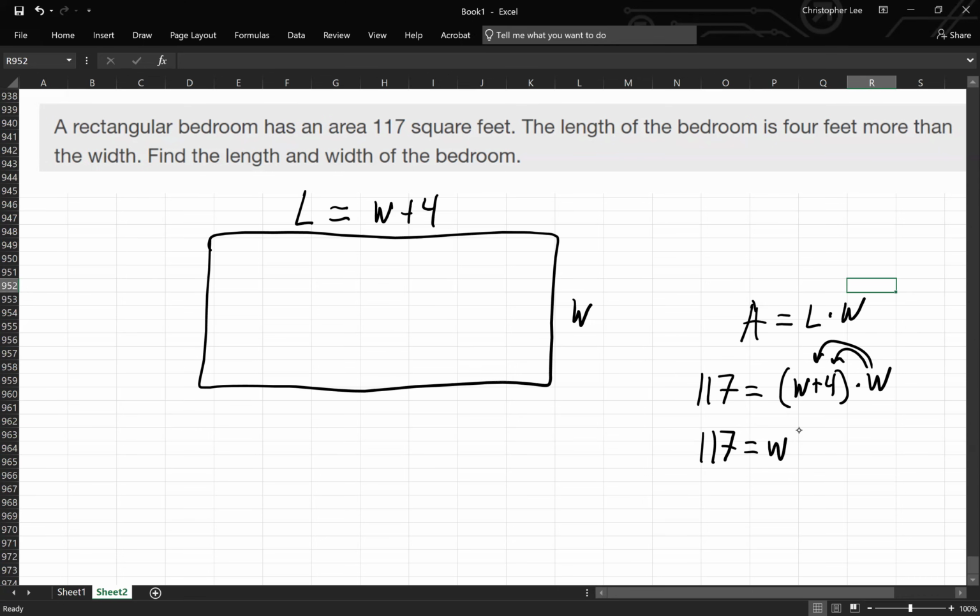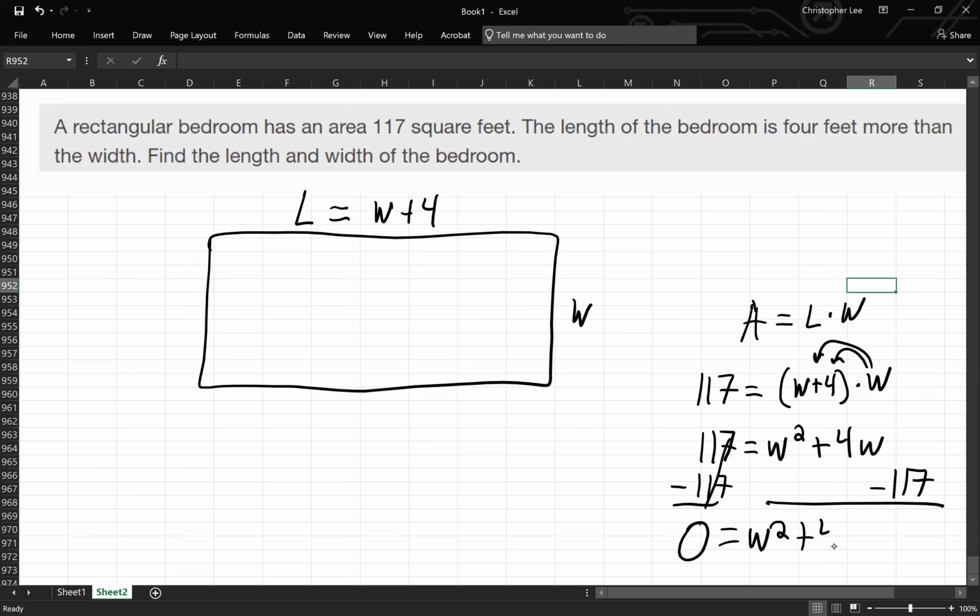W plus 4, but then times W. That's what I want to find. Right. So we're just going to solve for it, right? Distribute the W. So now we have W squared plus 4W. Subtract the 117. So now 0 is equal to W squared plus 4W minus 117.